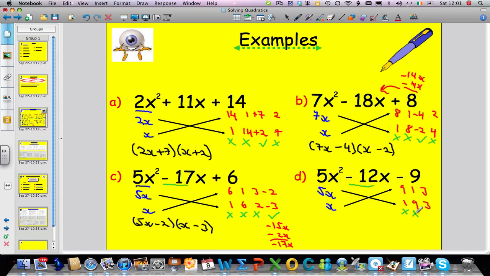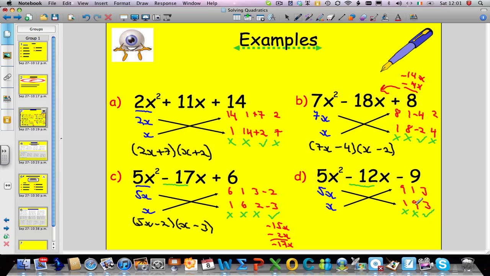No, certainly can't make 12. So I'm guessing it's going to be the last one. 5 times 3 is 15, and 1 times 3 is 3. 15 and 3. Yes, I can make a 12 using a 15 and a 3, so it must be this one.